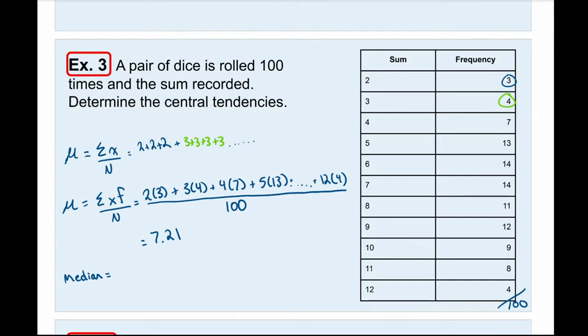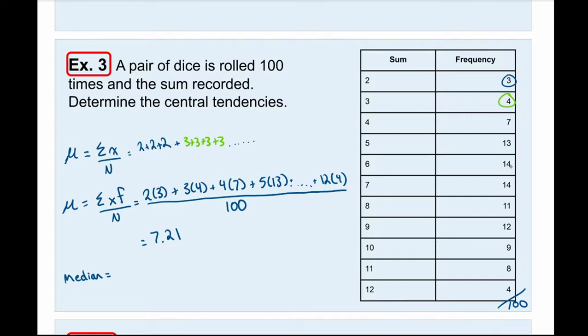Because it's an even number, I need to look at the 2 middle numbers. So in this case, the 2 middle numbers would be 50 and 51. So I can go through the frequency. Because it's already ordered based off of this structure, I know that 3 and 4 is 7, plus another 7 is 14, then 13 is 27, 42.